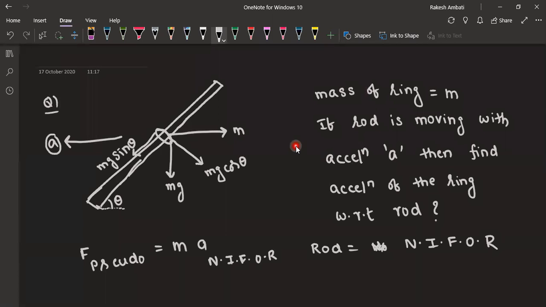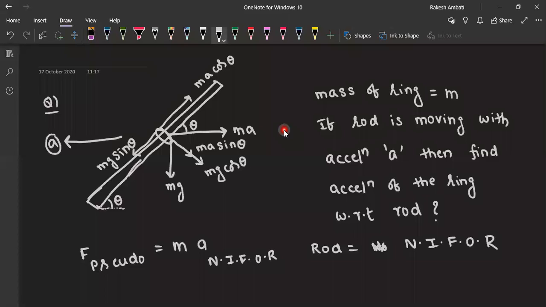So it is MA, and this angle is theta with the horizontal, and this angle is also theta. Now resolve this pseudo force into components. One component is MA cos theta, and the other component is MA sin theta.